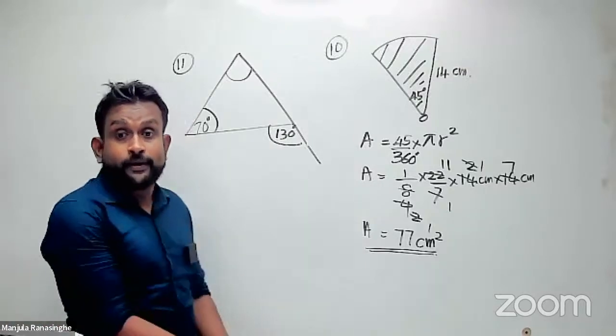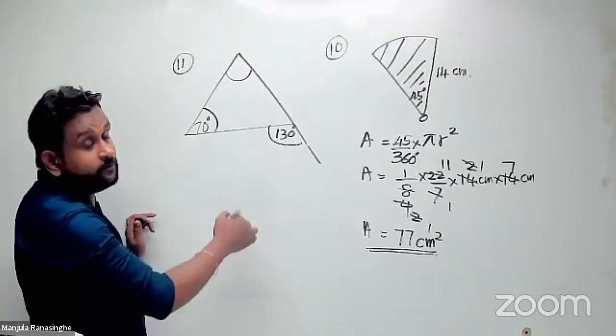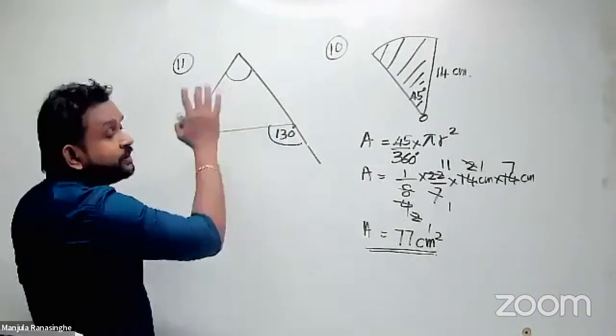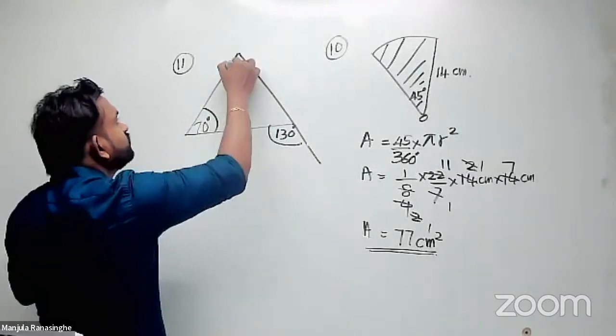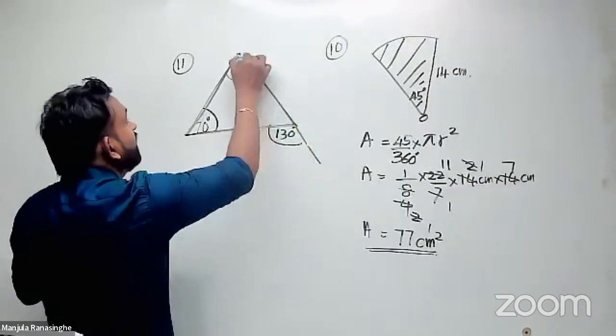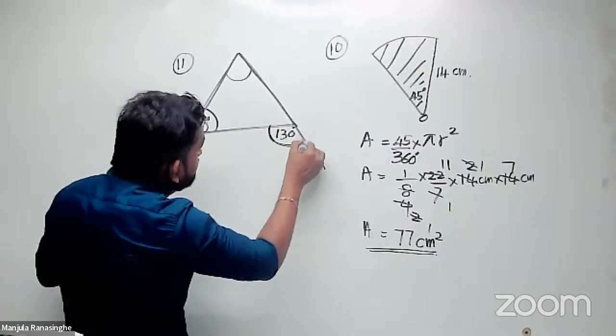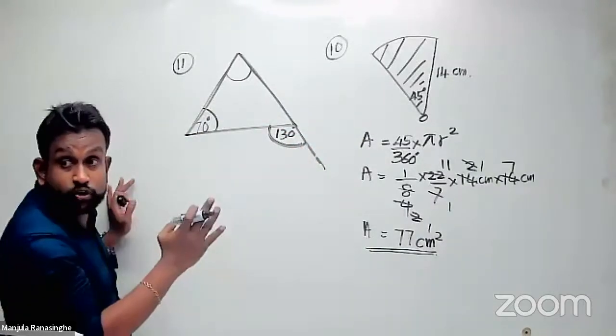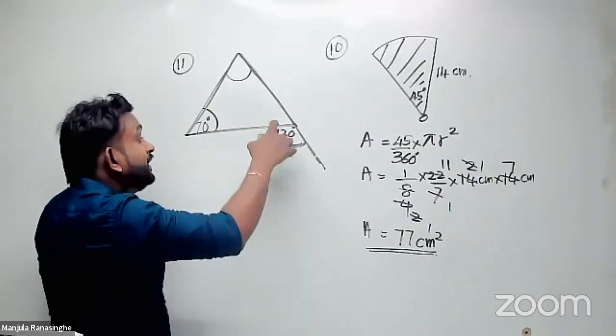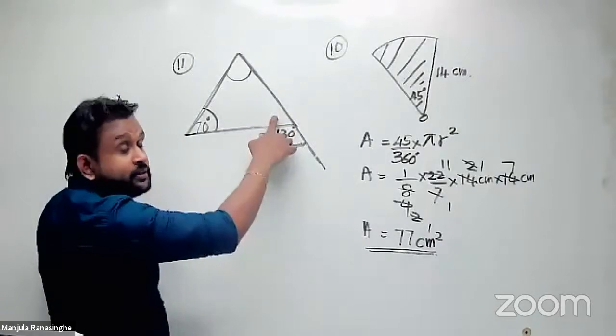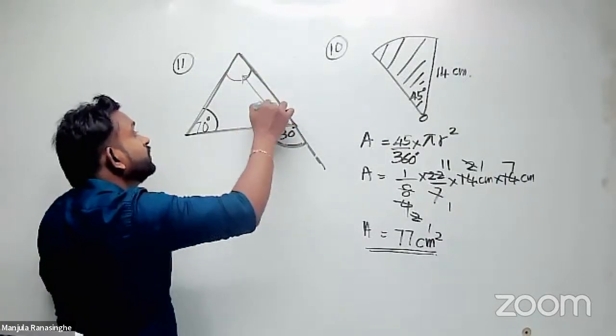You can see that some students will find the interior angle, but some prefer another way. This is the triangle, and this is the side produced. Then you can see this is the exterior angle created. So the exterior angle equals the sum of the interior opposite angles.